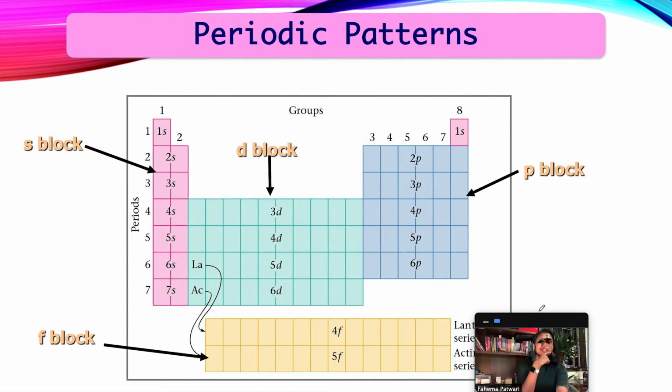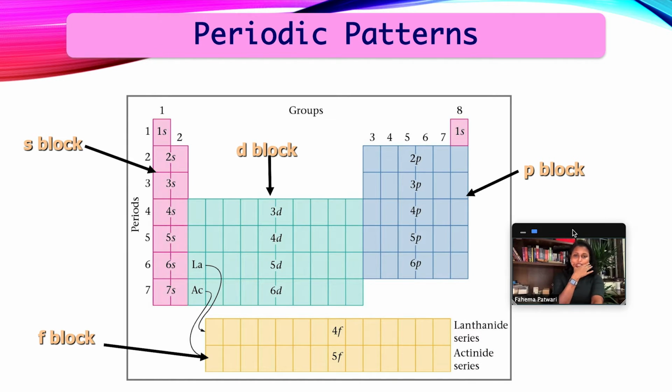Okay, so now here is a little trick, in addition to the diagonal rule trick, that might help you. Some of you might prefer the diagonal rule trick. Some of you might prefer this. One thing I want to point out is the periodic table can be blocked off into the s block, p block, d block, and f block.